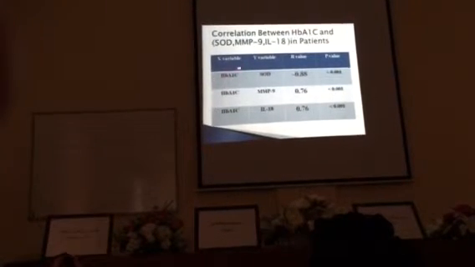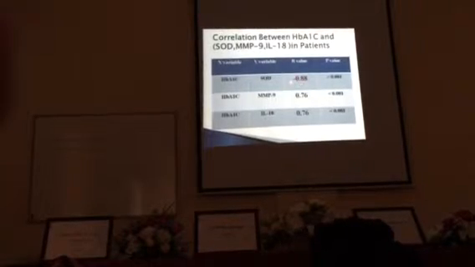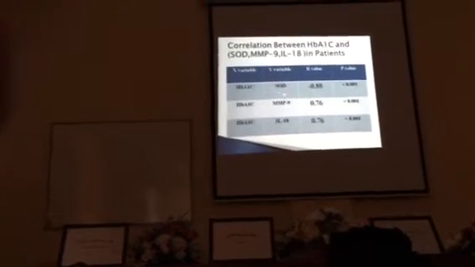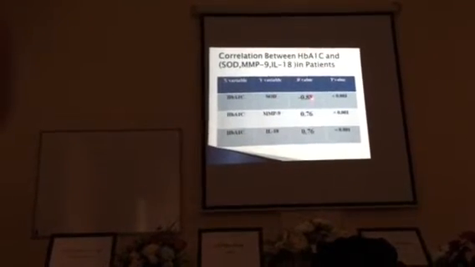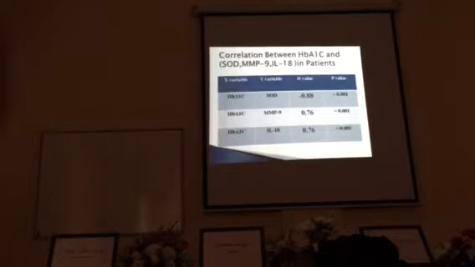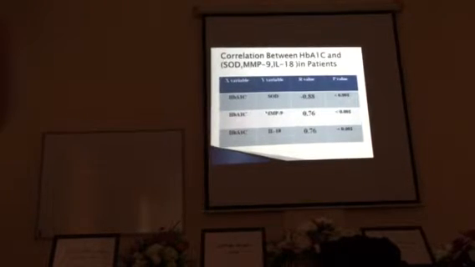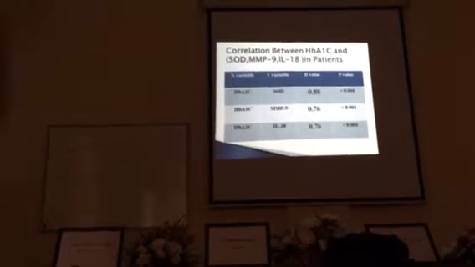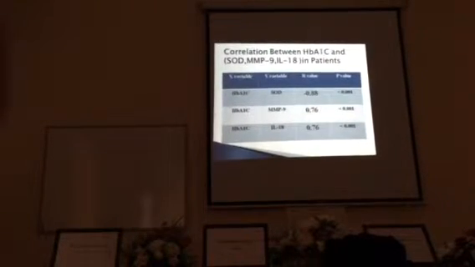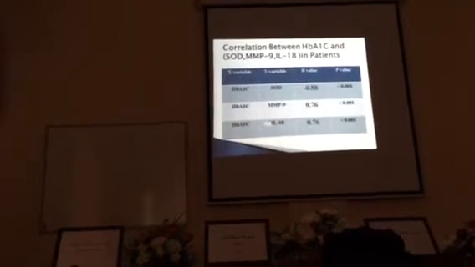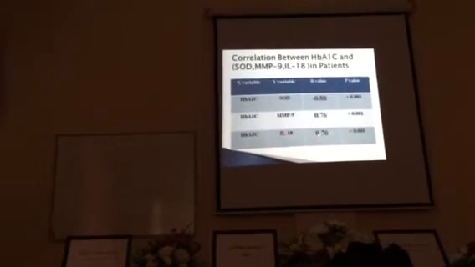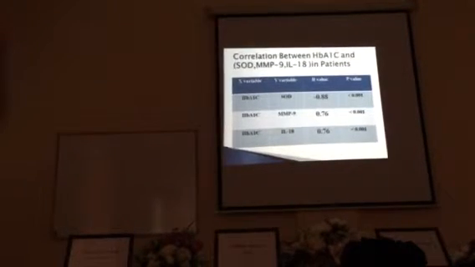As HbA1c increases, there is a more decreased negative relation with superoxide dismutase, a significant strong relation, meaning more decrease in superoxide dismutase, so more oxidative stress. While as HbA1c increases, there is more increase in matrix metalloproteinase 9 and more matrix degradation. The same for interleukin 18. As HbA1c increases, there is more increase in interleukin 18 and more inflammation.